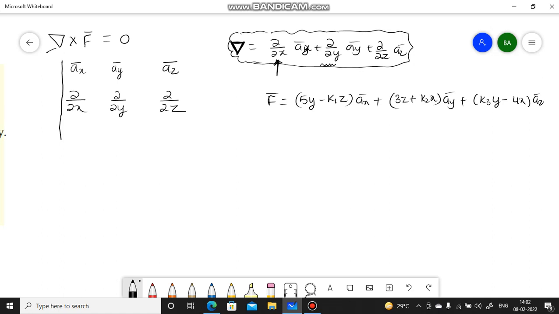In the third row we write the components of F: 5y minus k1 z, 3z plus k2 x, and k3 y minus 4x. Now calculate the determinant of this curl and equate it to 0.